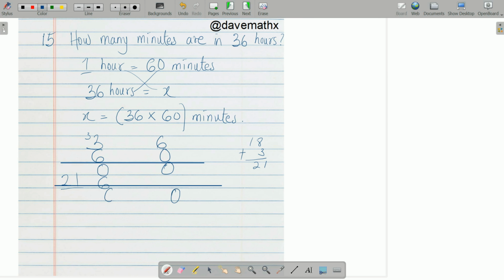Summing all up, we have our final answer to be 2160. This means that there are 2160 minutes in 36 hours.